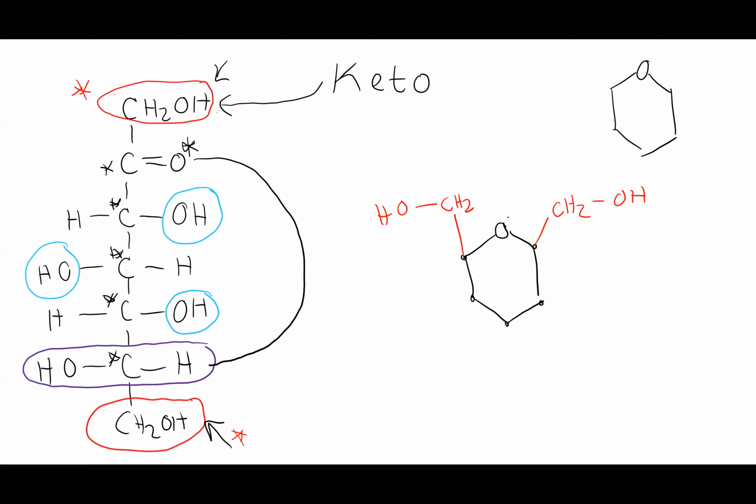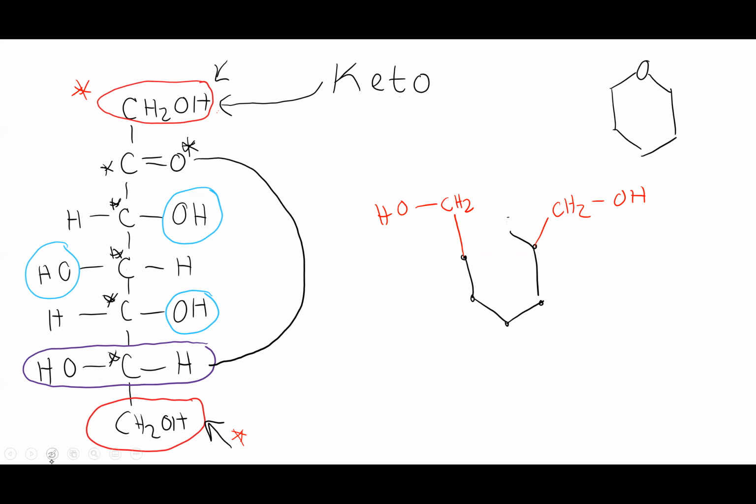Now, what about everything else? This OH group here is actually the oxygen that ended up forming our oxygen in the middle part of the ring. So even though I've highlighted this oxygen to remind you to count the oxygen, if you look at the reaction, it is in fact this oxygen that becomes the final oxygen in the ring.